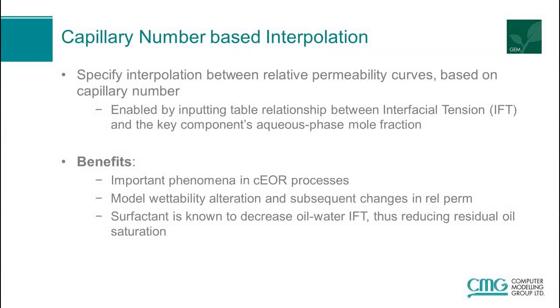This is very important when you're dealing with chemical EOR processes or CO2 injection, where you could have things like a modeled wettability alteration and change in rel perm subsequently. Another example of this is, of course, that surfactant is known to decrease the oil-water interfacial tension, and so the residual oil saturation can decrease accordingly. And you can model that in a bit of an easier way based on this interfacial tension effect.